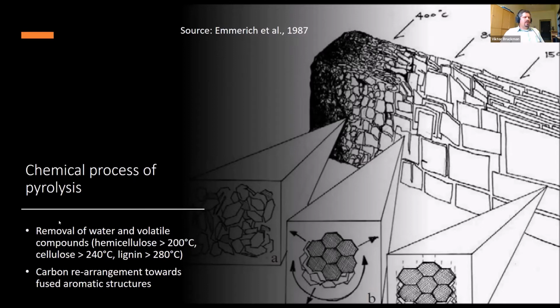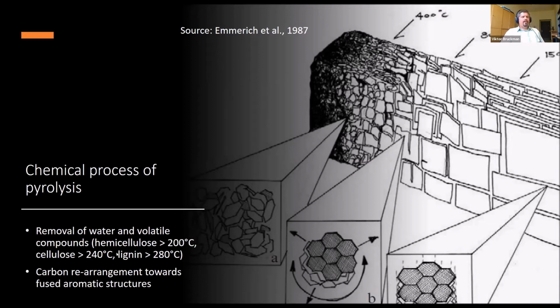There, first of all, what's happening at lower temperatures, water will be removed, followed by volatile compounds, and at around 200 degrees hemicellulose starts to degrade, cellulose a little bit later, 240 degrees, and lignin, which is the most recalcitrant, at around 280 degrees.